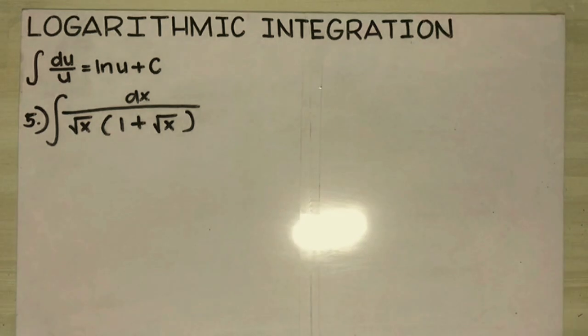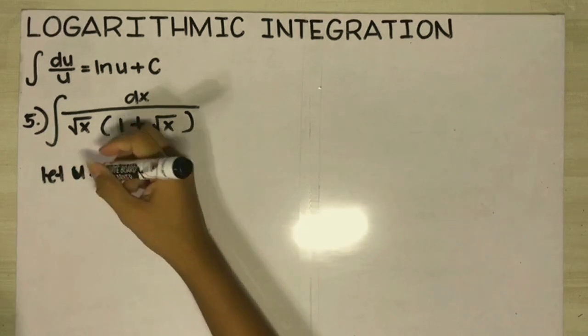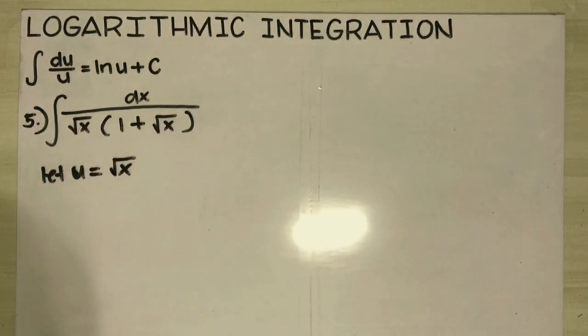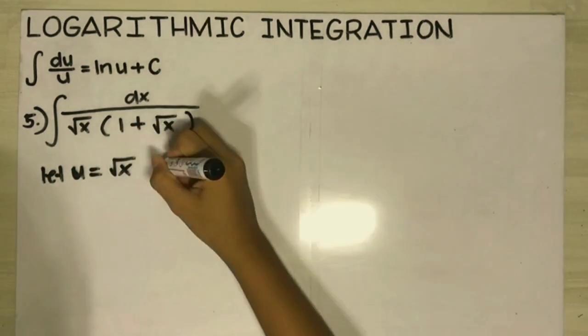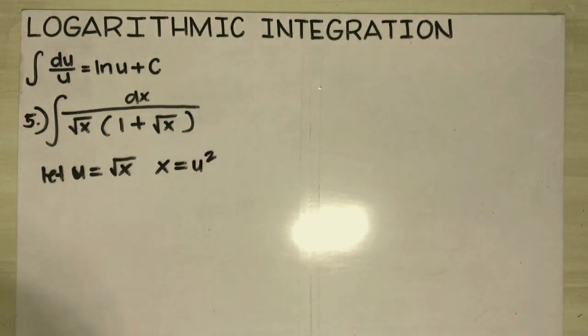So next, the number 5. So the integral of dx all over the square root of x times 1 plus the square root of x. So in this case, we need to let u equal the square root of x. And we need to let x in terms of u.